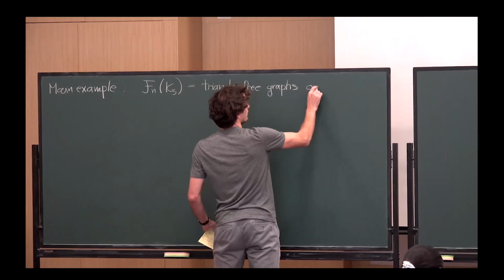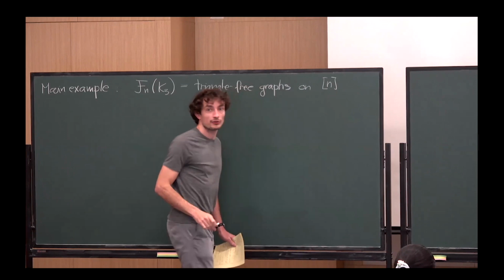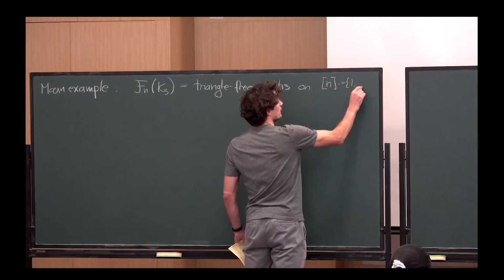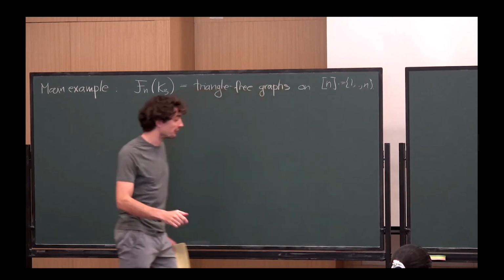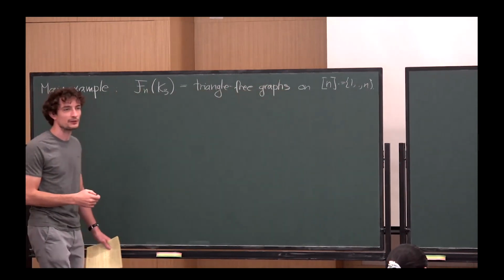On any vertex set of n elements, and the canonical choice here would be the first n positive integers. So all labeled graphs with this set of vertices that don't contain the triangle.